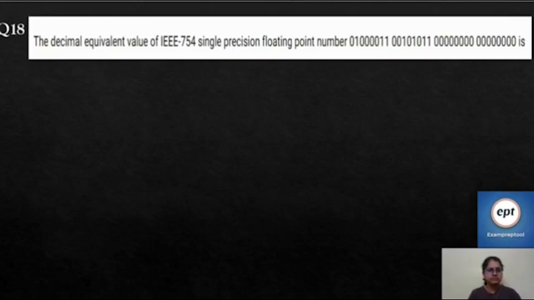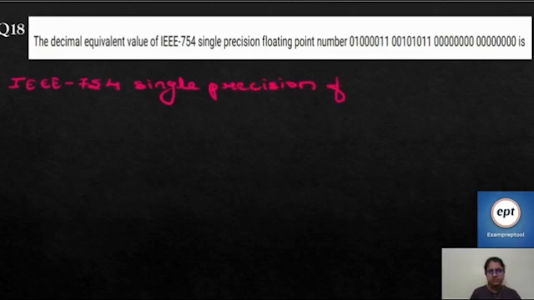So first let's see what the IEEE 754 single precision floating point format is. Let's discuss the format.